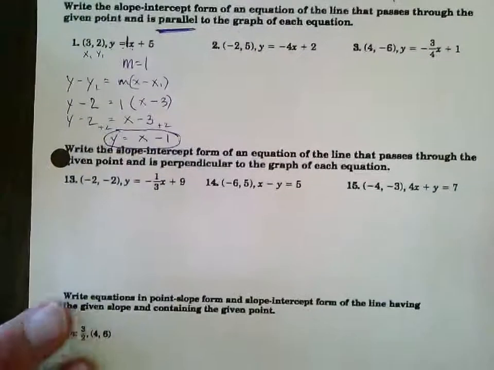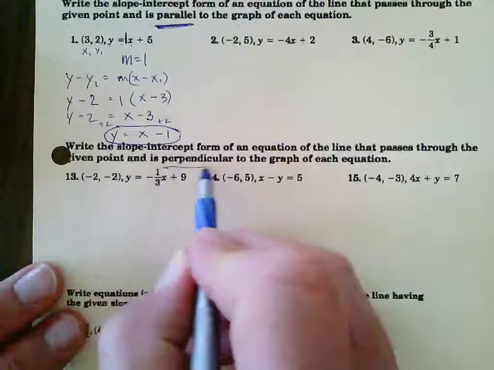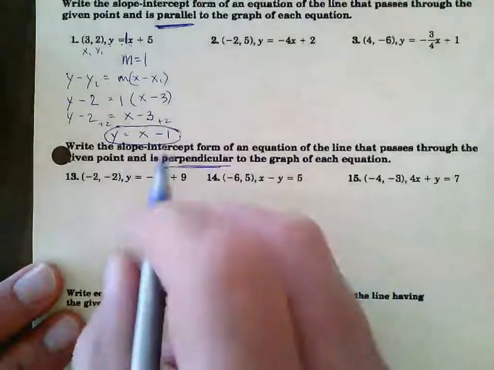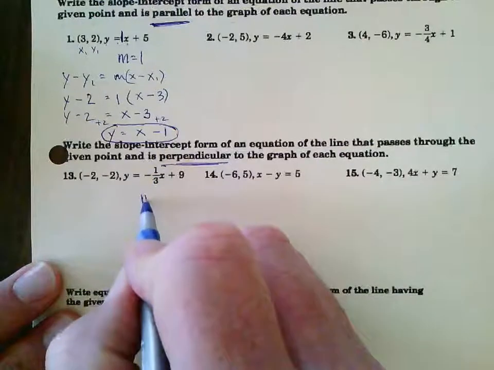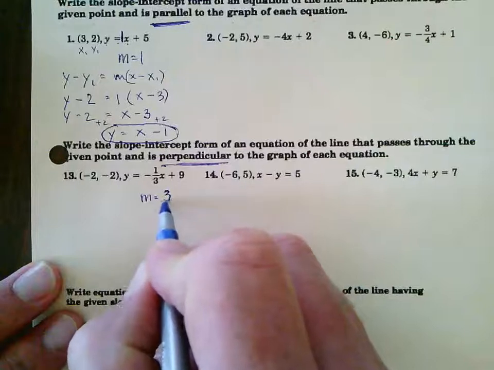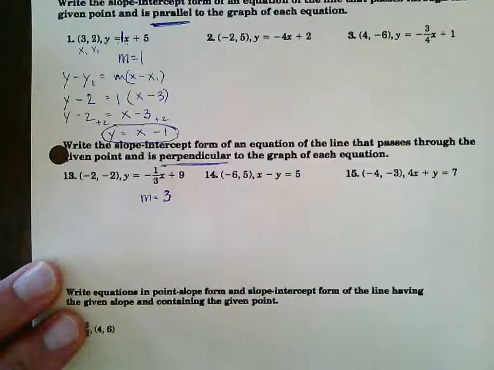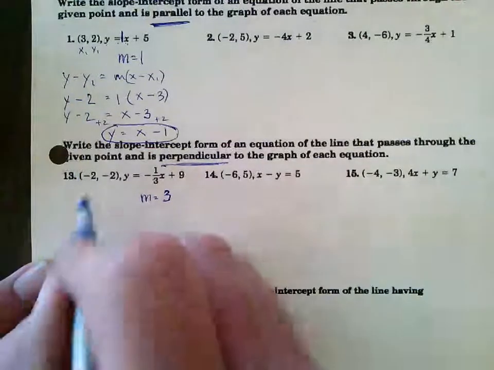The next section, same exact process except you're perpendicular. So you need to take these slopes. Since this guy has a slope of -1/3, mine's going to be flipped, and the sign change would make it positive 3/1 or just 3. Same process, put it into point slope form, which is up here for you. I'm not going to write it again.